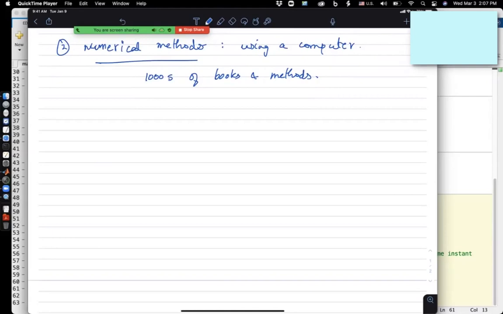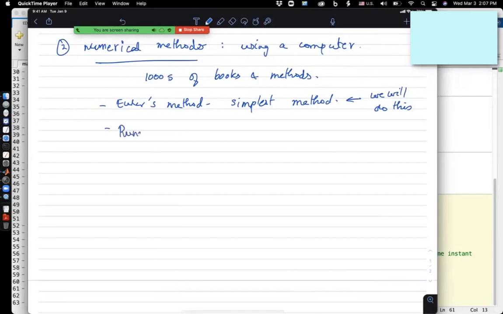Okay, so we will discuss something called Euler's method, which is the simplest method. In your numerical methods class, you will probably see another method called Runge-Kutta.